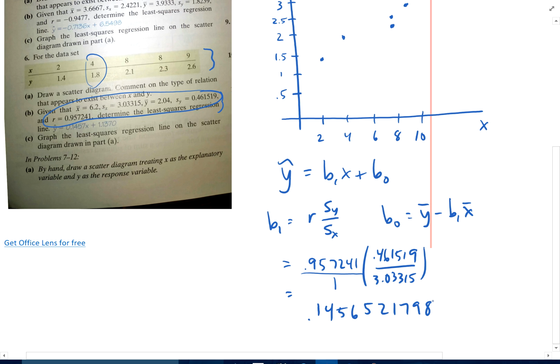Okay, so there is our b1. That's going to be our slope.